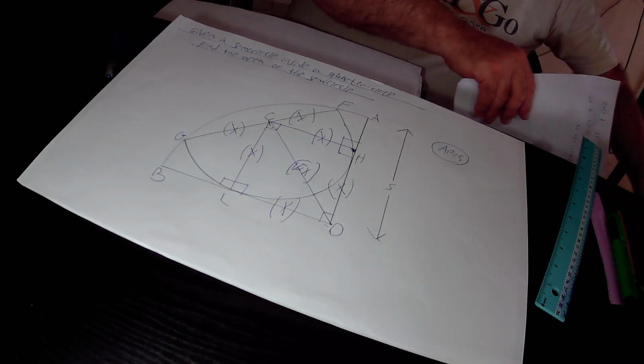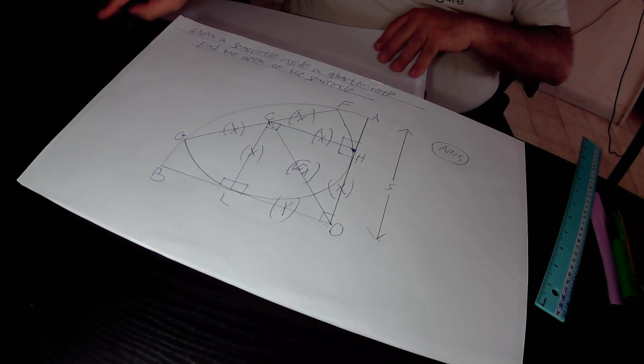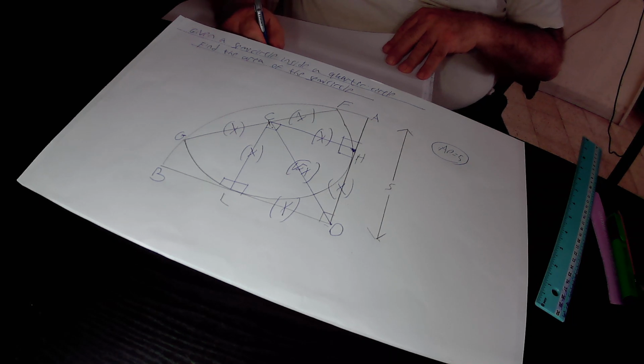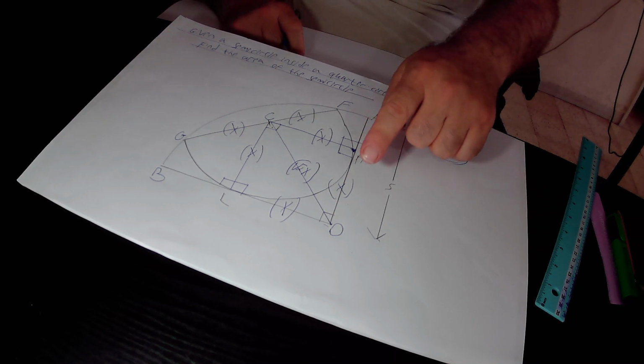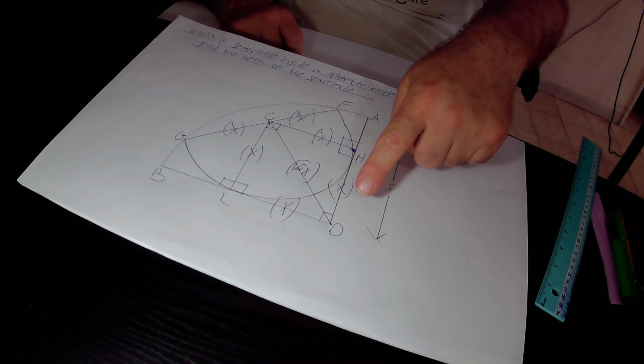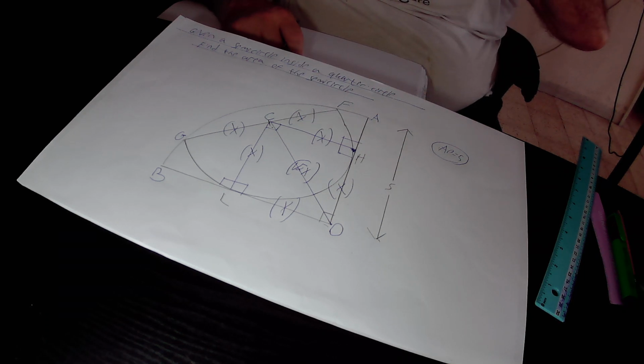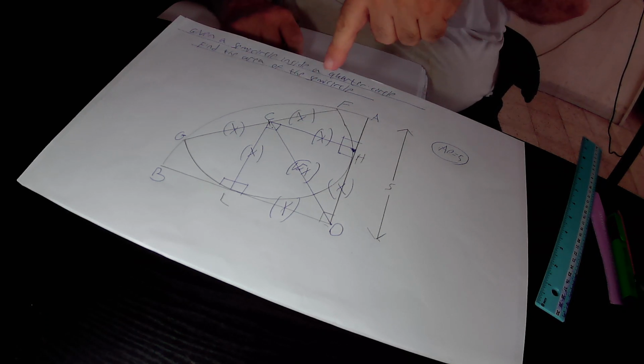Why? Because in our drawing we have line segment OC that runs from the center of the quarter circle, that is to say from point O, and it bisects chord FG.